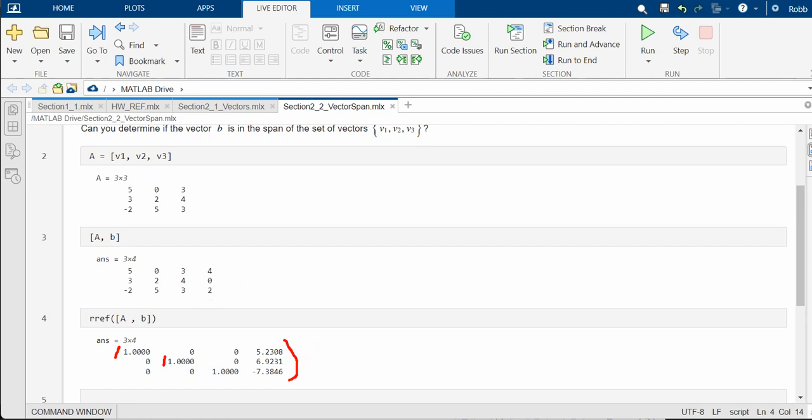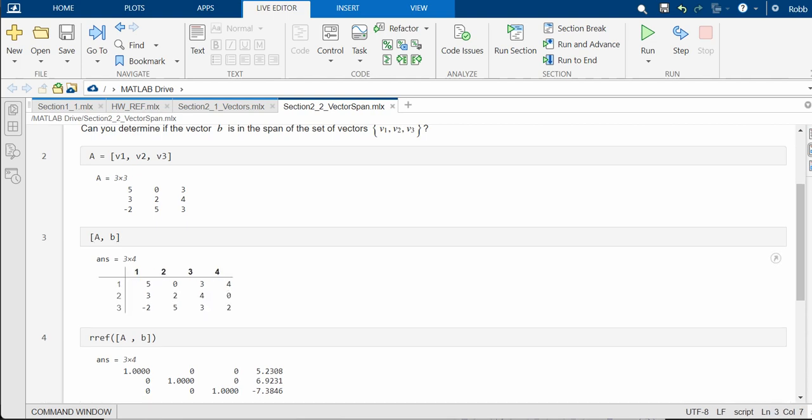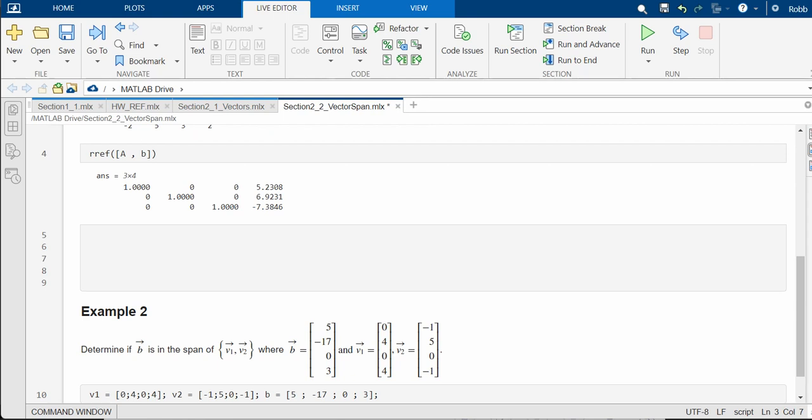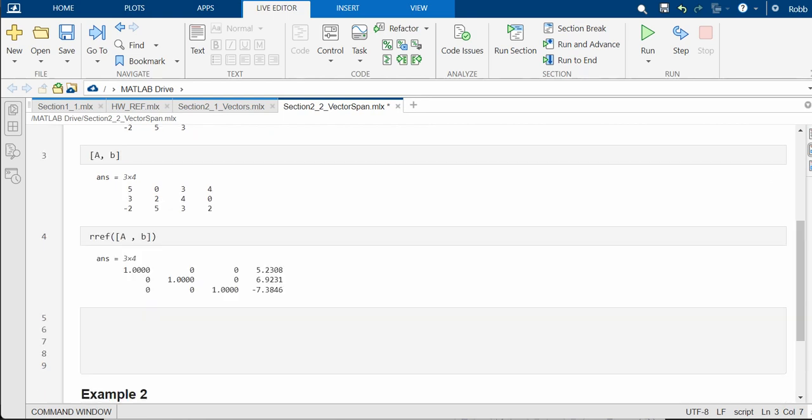All right, and let's talk about this RATS function because this does look a little bit ugly. Let me scroll up just a bit so we can see. So this is what AB is equal to, RREF of AB.